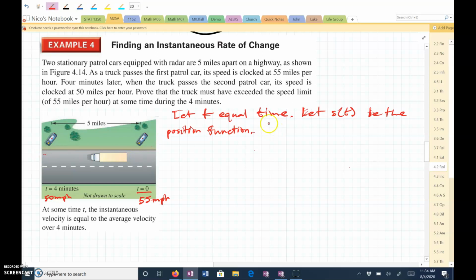Let s prime of t be the velocity function.